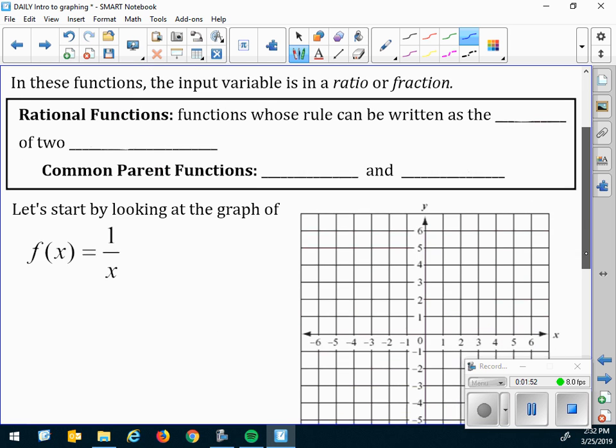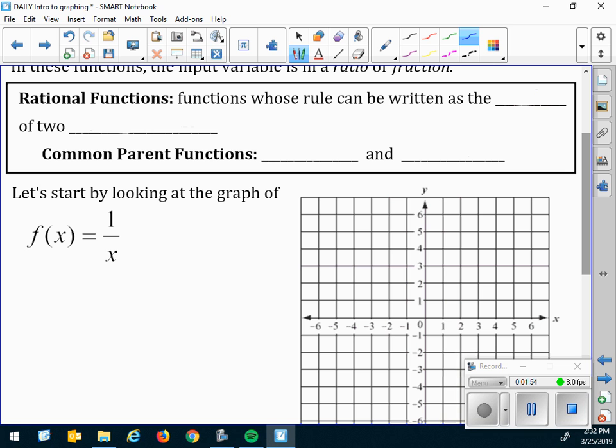Let's look right here. A rational function is a function whose rule can be written as the ratio of 2 polynomials. So you've got a polynomial in the top and a polynomial in the bottom. 2x squared minus 3x plus 4, 7x to the 5th minus 3x to the 4th plus 2x squared minus 1.